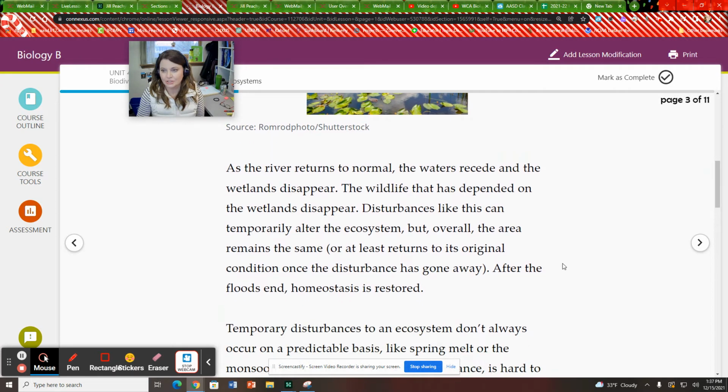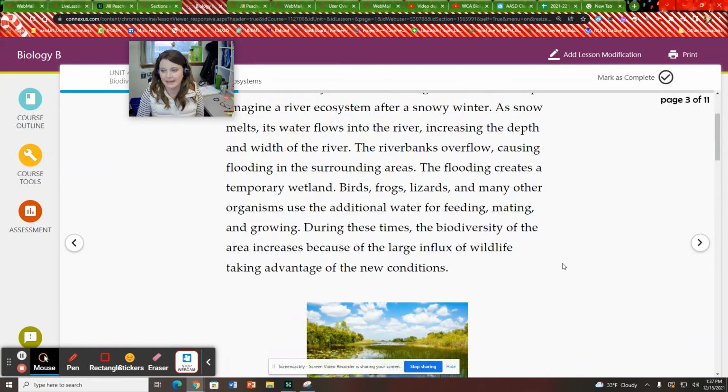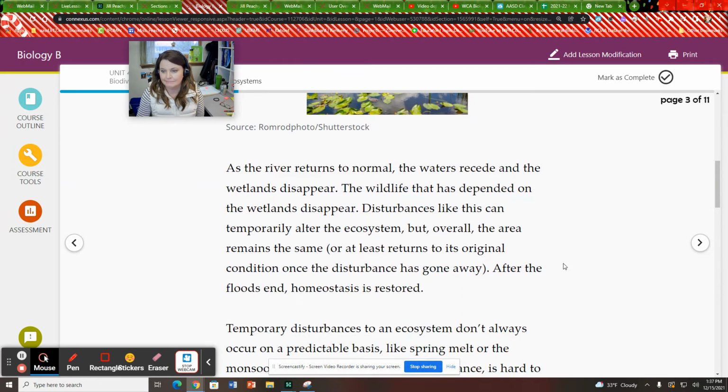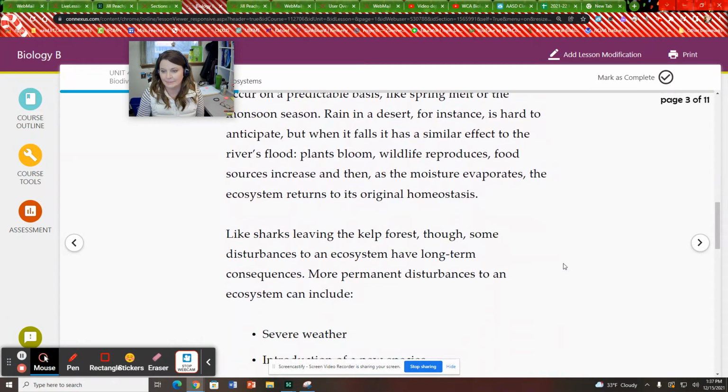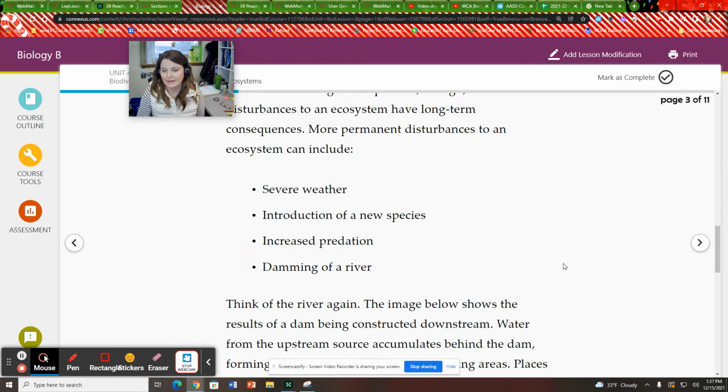There are other natural changes that may not be regularly occurring, not temporary, for example. Some of those things might be severe weather that has completely impacted an area and changed the landscape, maybe a tornado that has come through and completely destroyed a forest. We've talked before about the introduction of new species, invasive species, increased predation.